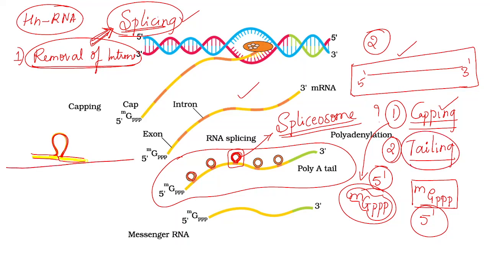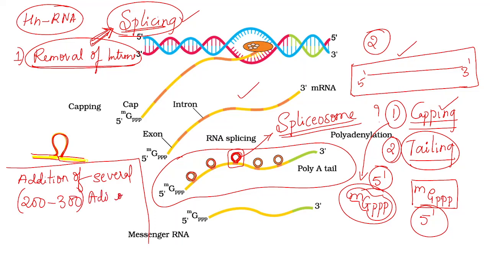And the second process is tailing. What exactly is tailing? I will write it here. Tailing is nothing but addition of several adenosine residues, in general around 200 to 300, to the 3' end of the mRNA.